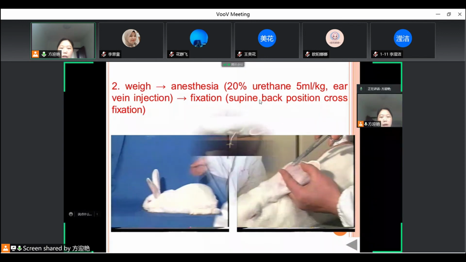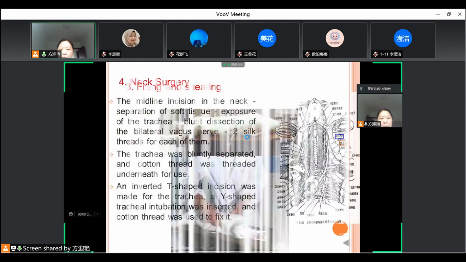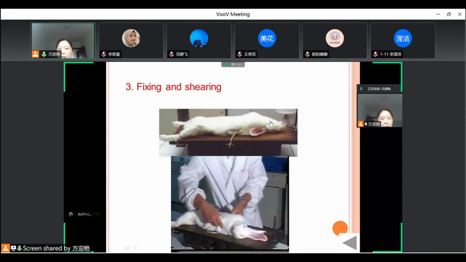Then we fix the rabbit on the rabbit table, and we cut the hair on the neck.